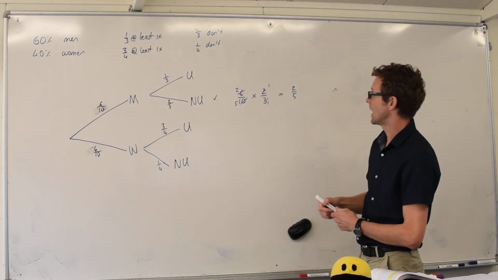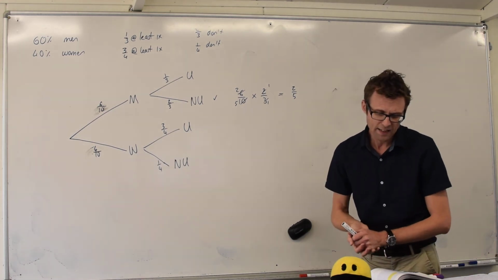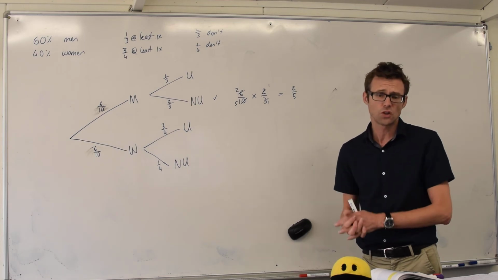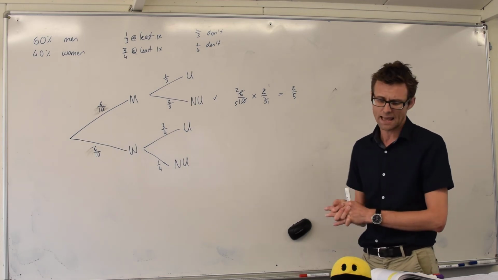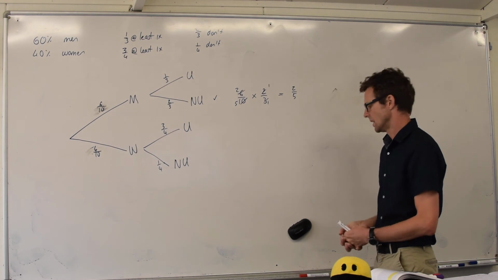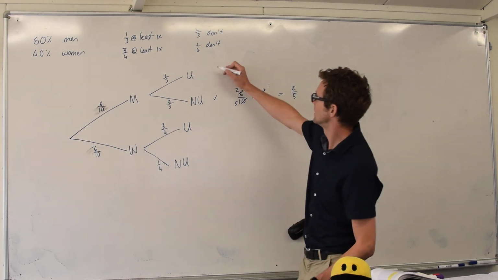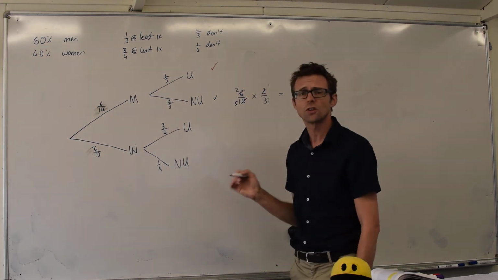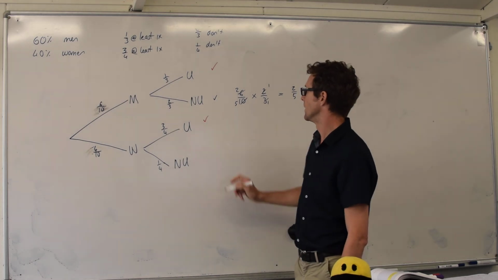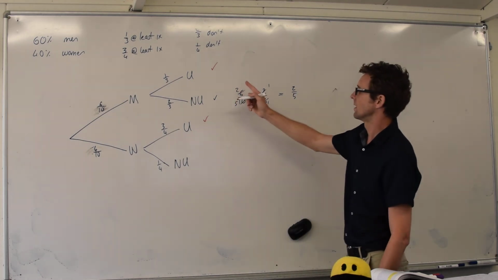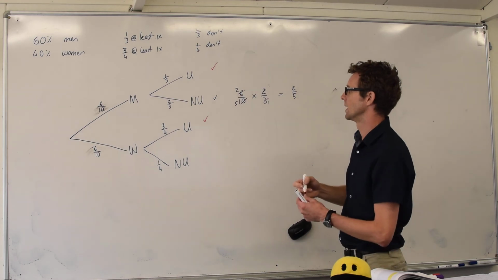Then the second part of the question, B: what is the probability that the random person you pick is a person who uses the gym at least once a week? That means it could be a man who uses the gym once a week, or it could be a woman. So we need to look at both of these probabilities.